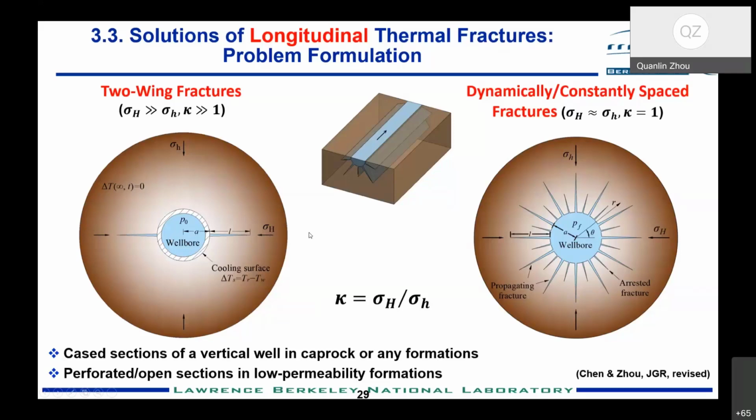But when the anisotropy is weak, kappa equals 1, we will have dynamic and constant spacing fractures. The idea is that initially you have dense fractures around the wellbore wall, but some fractures are arrested. Away from the wellbore the distance is bigger, and finally you have a constant angular spacing. That means you have a finite number of thermal fractures propagating with time.